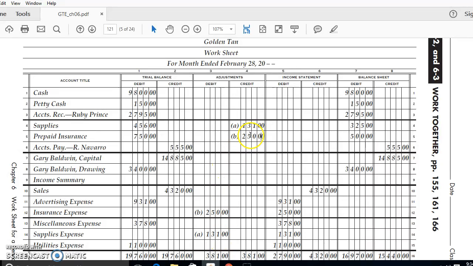Now let's talk about prepaid insurance for a minute. Prepaid insurance, again, is a consumable. You use it up. So since it's a consumable, you are going to expense it with insurance expense. Now, prepaid insurance is paid at the beginning of every quarter. So at the beginning of the year, you pay, let's say, $300 for your first quarter of the year in insurance.